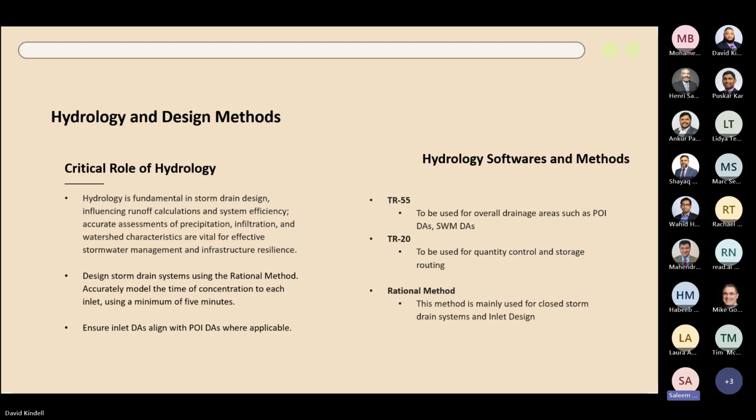I want to add one more thing. Both Ankur and Mahendra are doing a good job, and including David too. In this case, we have to check with the client. When we are writing our task order, I think we should clearly spell out whether we are going to use TR55 or TR20.